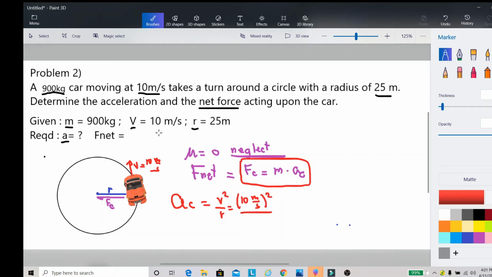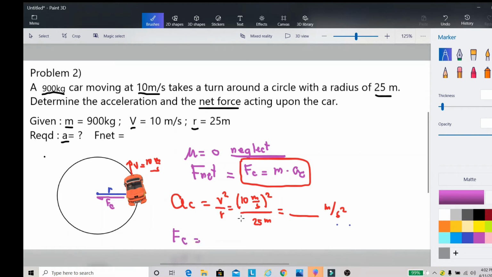R is 25 meters. Okay, this one, this is meter squared per second squared. One of the meter will cancel out. Therefore, the value of this one will be in meter per second squared. Once we get the value of this one, we can get F sub C.